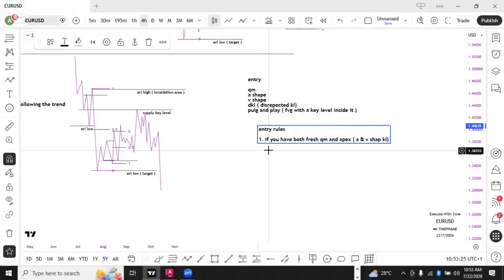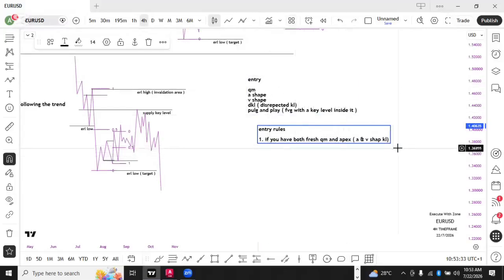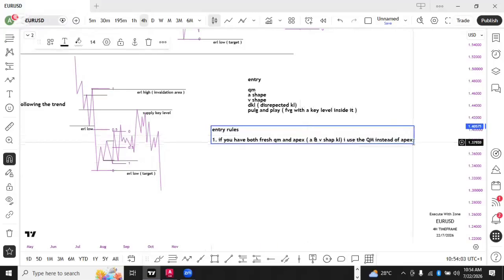If you have both a fresh QM and apex, I use the QM instead of apex. That's the first rule.